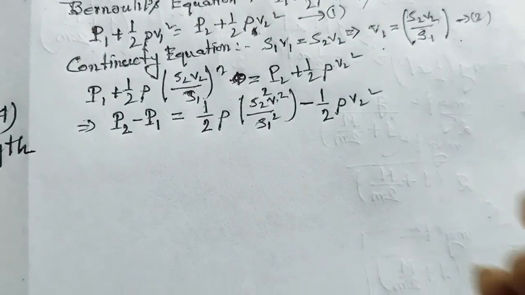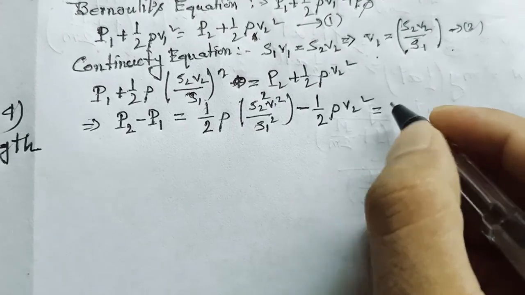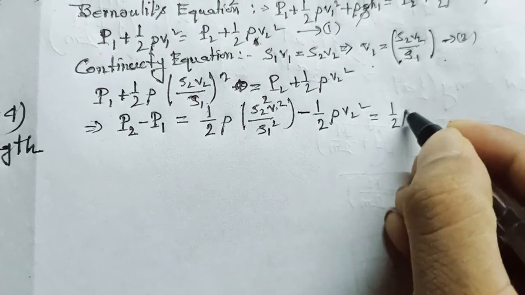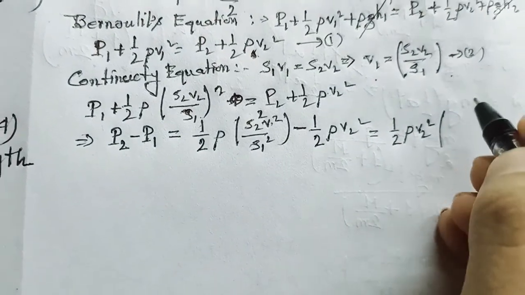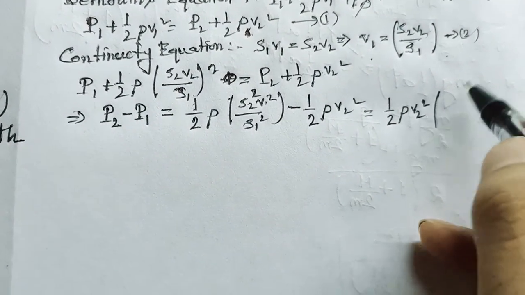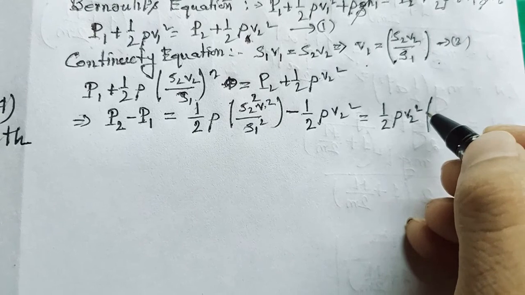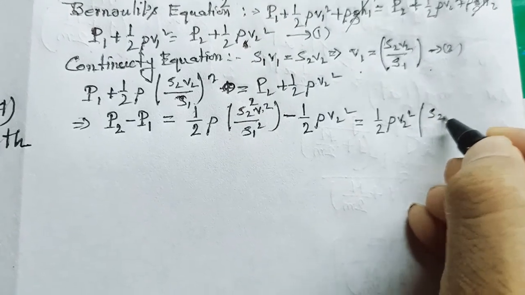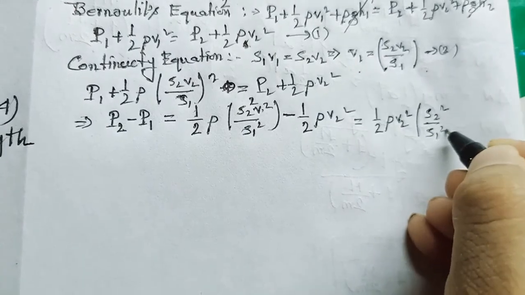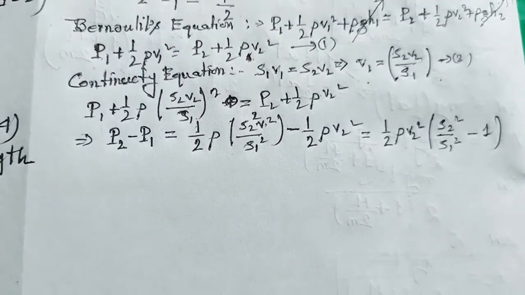Now we can take half rho V2 square as common, then our remaining term will be S2 square divided by S1 square minus 1.